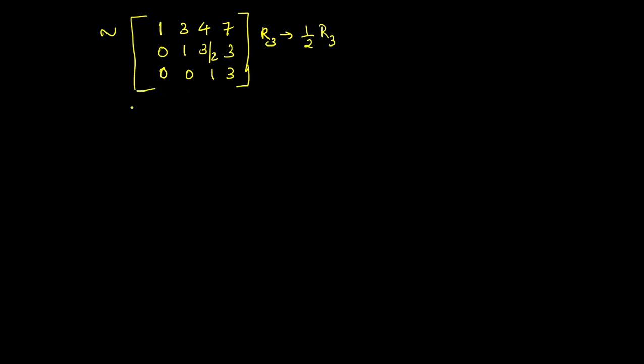We have got the reduced matrix. And since the reduced matrix has 3 non-zero rows, therefore the rank of the given matrix is 3. Rank of a matrix is determined by the number of non-zero rows in its reduced form.